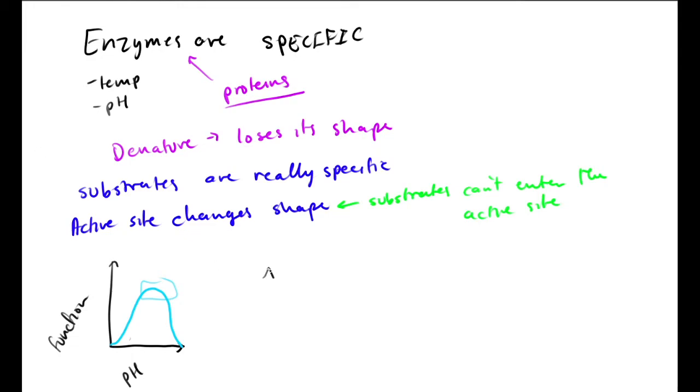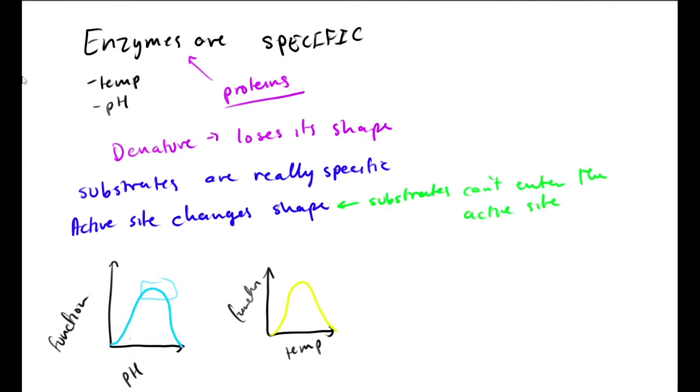Same if we look at temperature in relation to function. Temperature, the same goes as well. I'll put the enzyme in yellow this time to spice it up. It only works in a certain temperature range. Thing is, since enzymes are specific, their peak rate of reaction occurs at different pH levels as well.